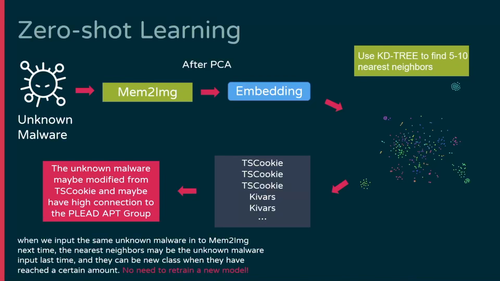For example, if the nearest neighbors are TSCookie and KeyBoy, we can speculate that the unknown malware may be modified from TSCookie and maybe has a high connection to the BlackTech group. And when we input the same unknown malware into Mem2Img next time, the nearest neighbor may be the unknown malware input last time, and they can become a new class when they have reached a certain amount. It doesn't need to retrain a new model.